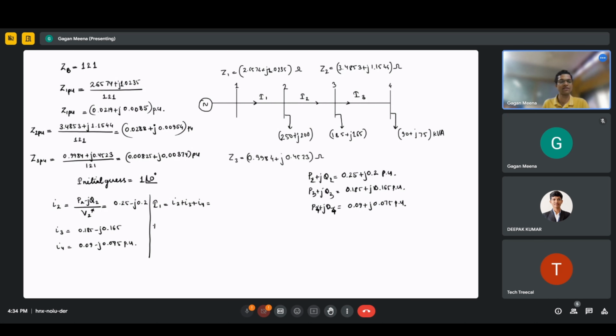How much is this? Calculate I3 plus I4. I1 is 0.525 minus j0.46.